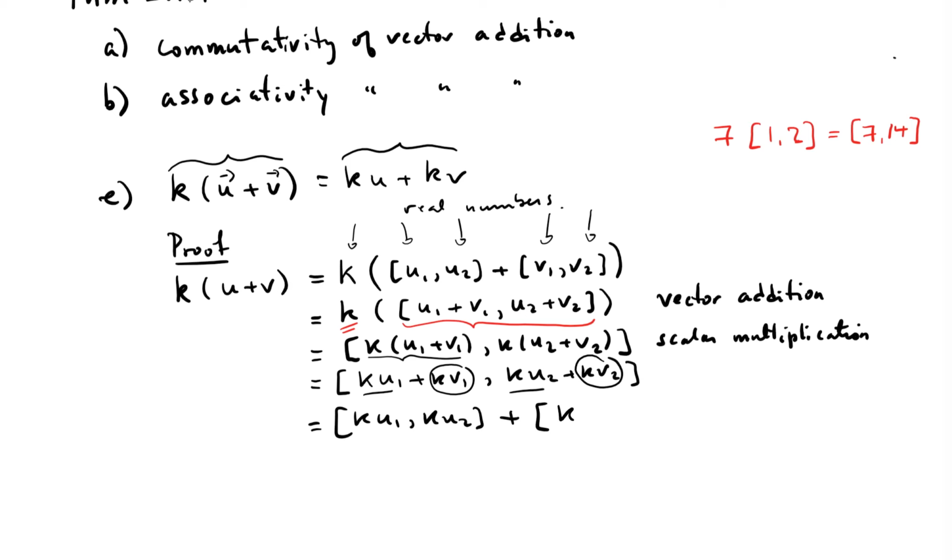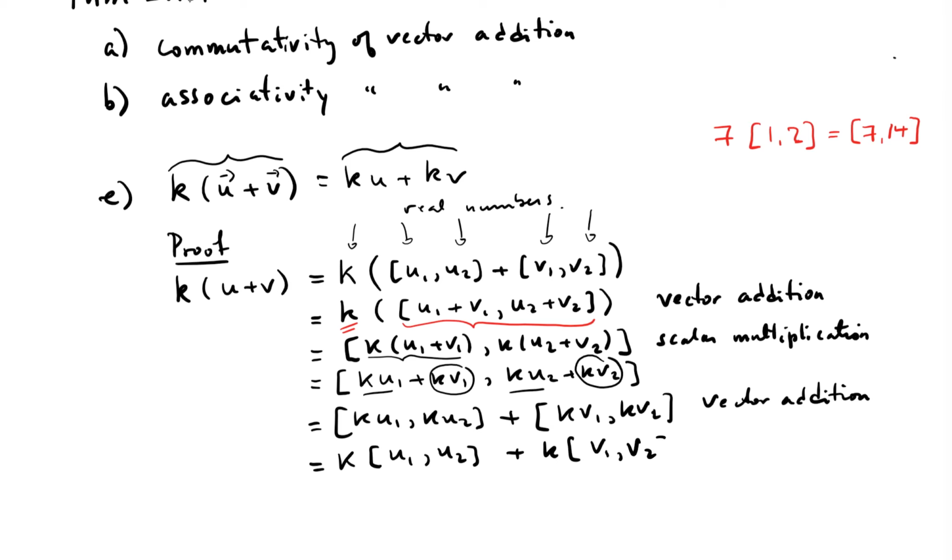So this is reapplying vector addition, but the other way around. And I can pull out the k now. So I'm going backwards with scalar multiplication. So this is scalar multiplication again. And this is exactly ku plus kv, and I'm done.